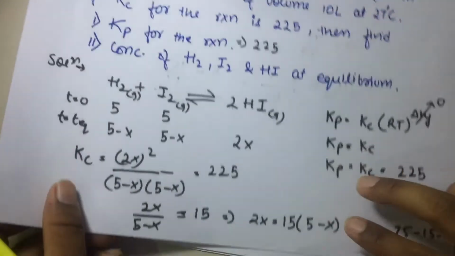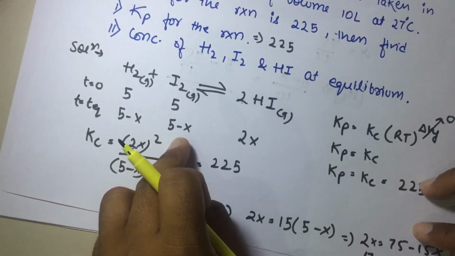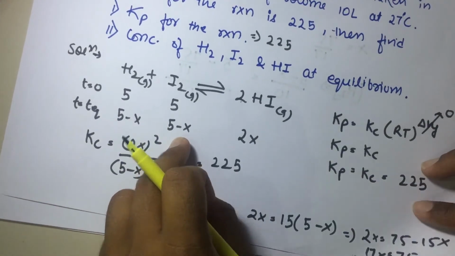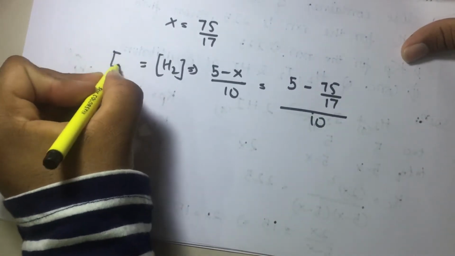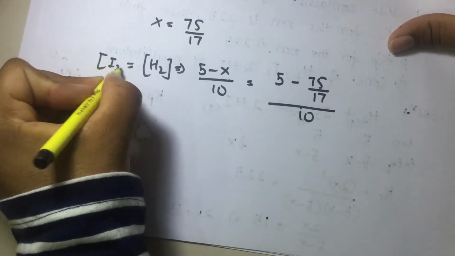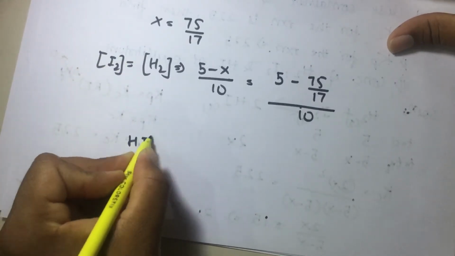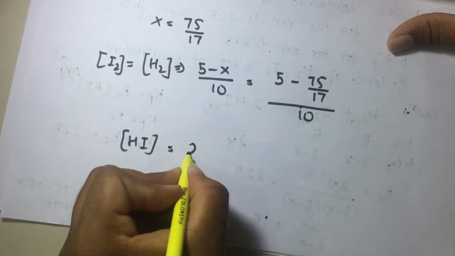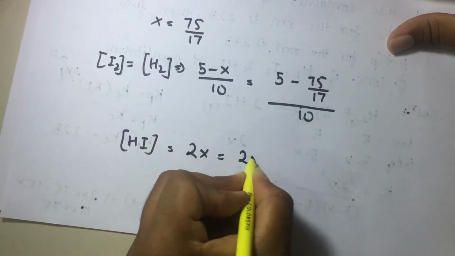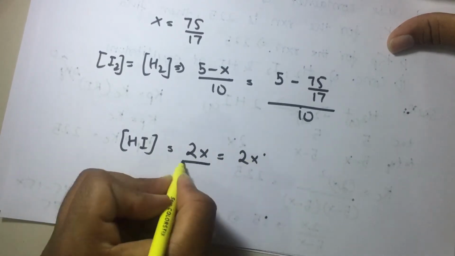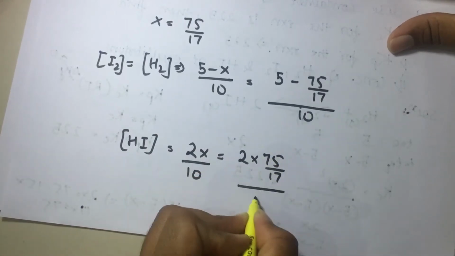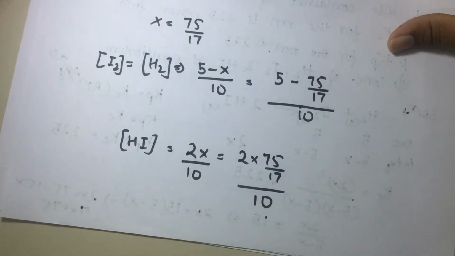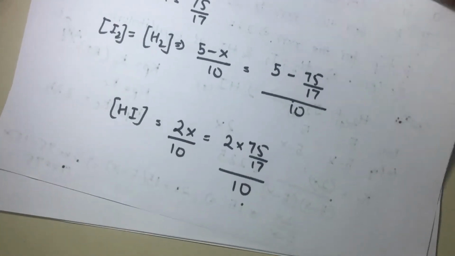Similarly, I2 also has the same concentration, (5 minus x) divided by 10, and the HI concentration is 2x divided by volume 10. So 2 times 75 by 17 divided by 10 will be the concentration of HI. Now you have to solve this.